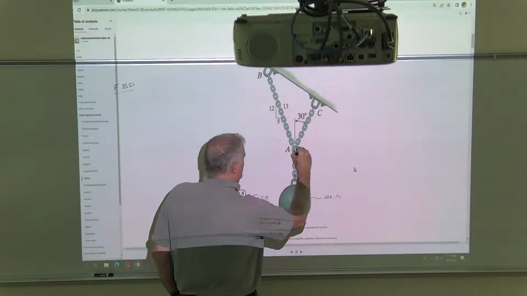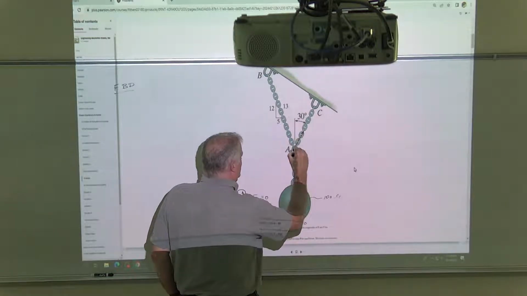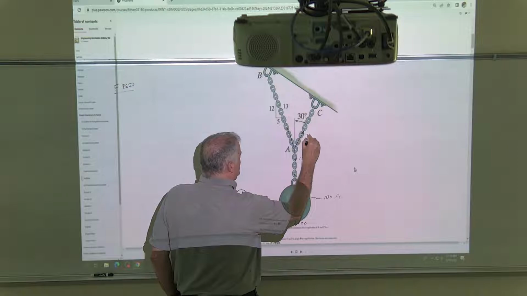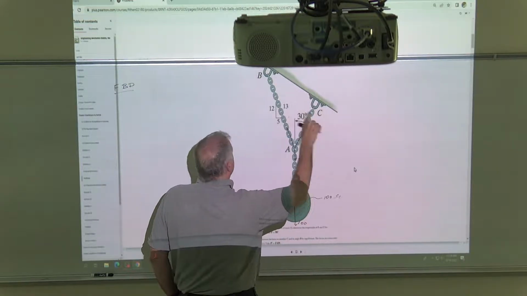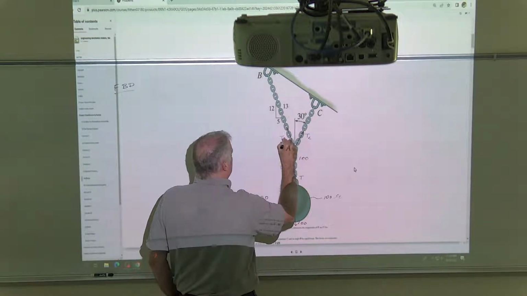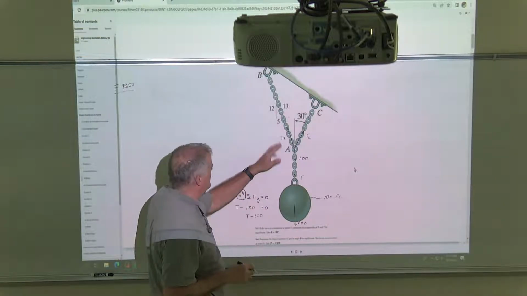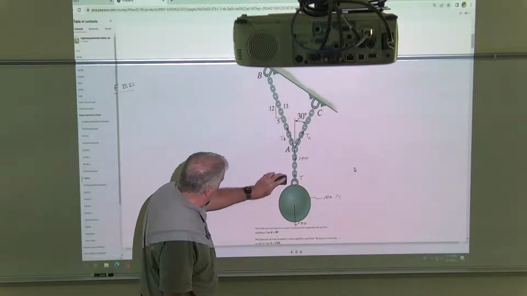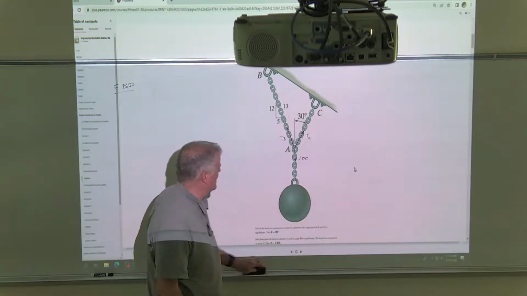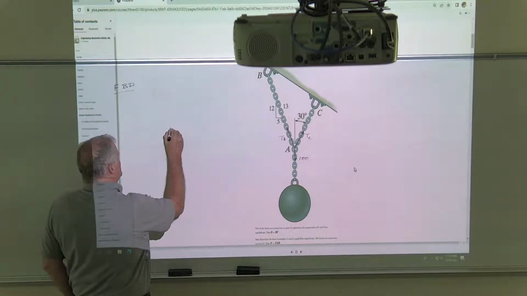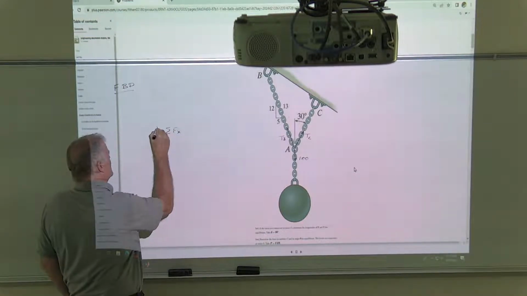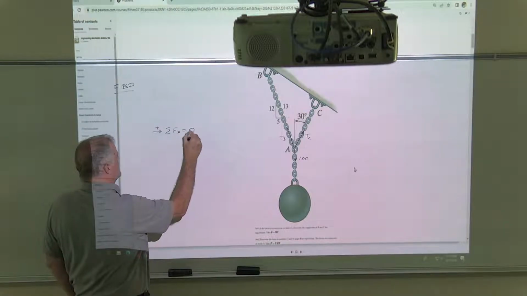And now you've got one that's going this way and one that's going that way. I'll call this tension in cable C, and this is tension B. I know A is common, but that way I don't have to write extra letters. So now, all I'm doing is I'll sum the forces in the X, and I'll pick a direction that I'm okay with being positive.